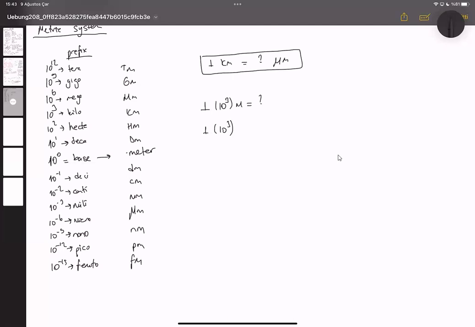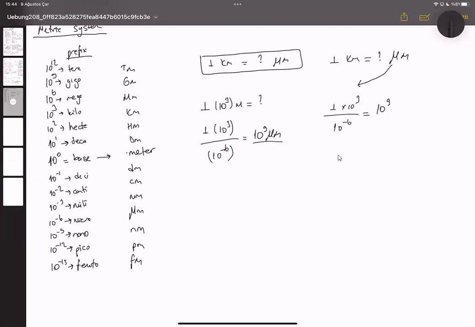If we want to convert, we divide by the other prefix. So 1 kilometer equals how many micrometers? We will go with micro. If we divide by the micro prefix, we find the ninth power of 10.